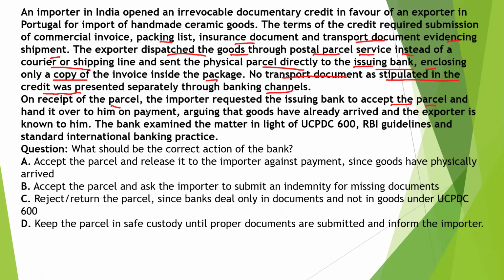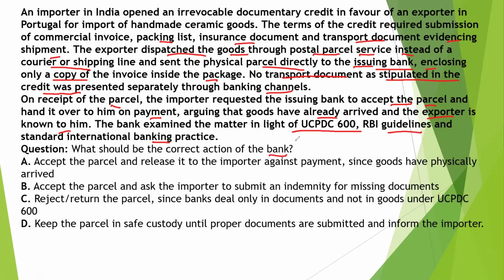On receipt of the parcel, the importer requested the issuing bank to accept the parcel and hand it over to me on payment, arguing that goods have already arrived and the exporter is known to him. So the bank examined the matter in light of UCPDC 600, RBI guidelines and standard international banking practice. So here the question is, what should be the correct action of the bank?